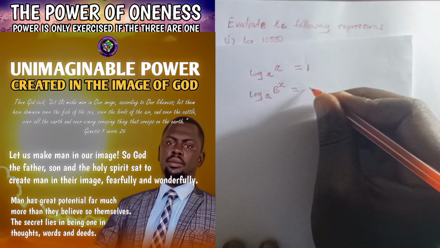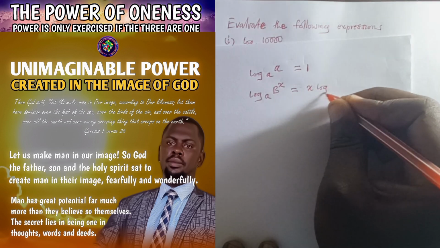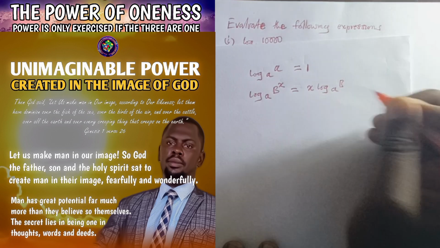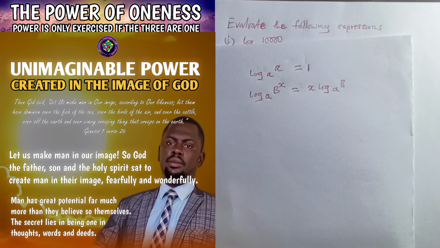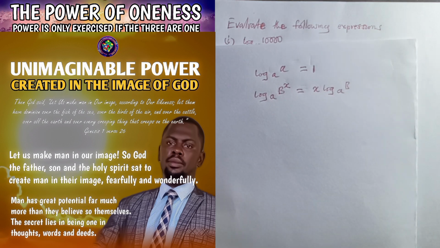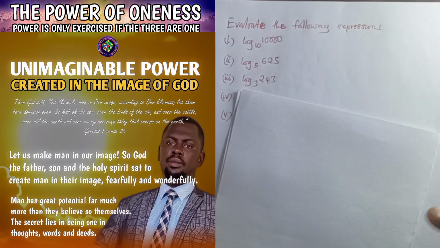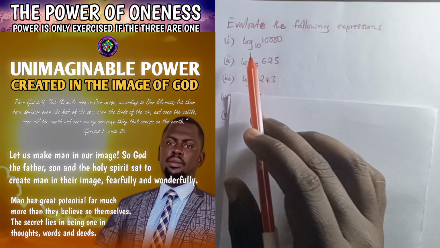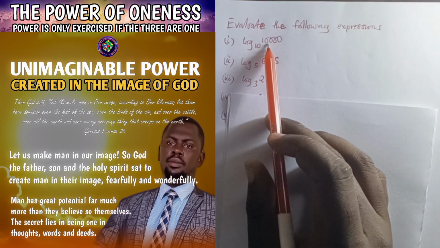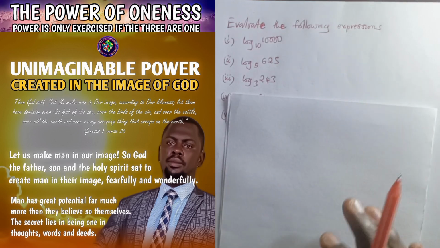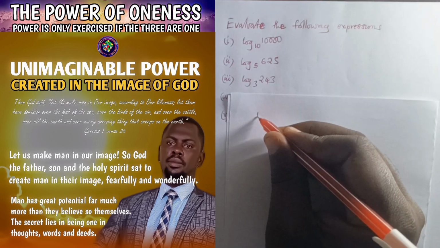So this is equal to x log of b base a. These are the two laws which we are going to apply in this particular question. Okay, so the first one is log of 10,000 base 10. How do you work out this one?